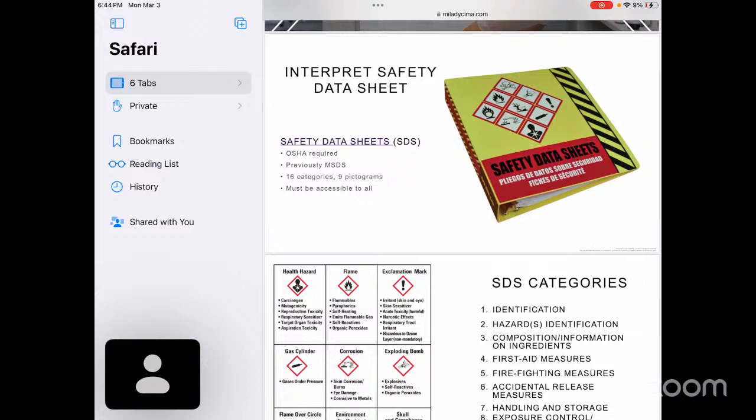Okay. 16 categories and 9 pictograms. So when you're bringing a product out, you can actually go online and see what categories this product falls into. And they got pictures. And then must be accessible at all times.